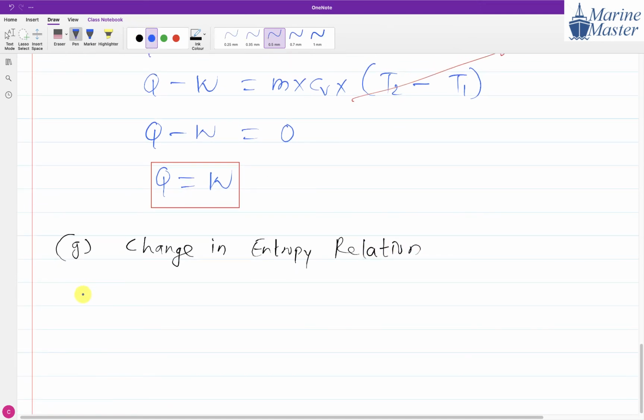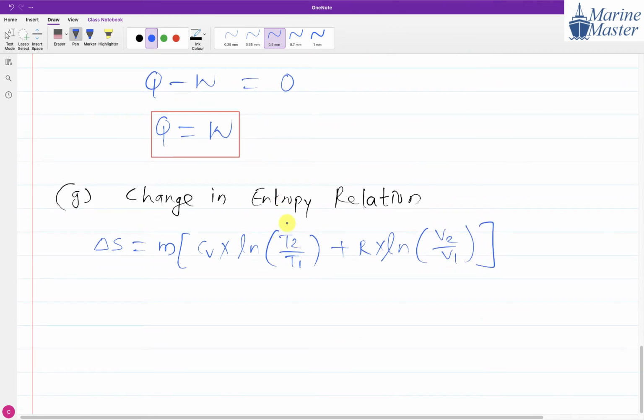Change in entropy for a closed system containing an ideal gas, generalized relation: MCV ln (T2 by T1) plus R ln (V2 by V1). Now what will be the ratio T2 by T1 here? 1. So MCV ln of 1. And what is the value of ln of 1?